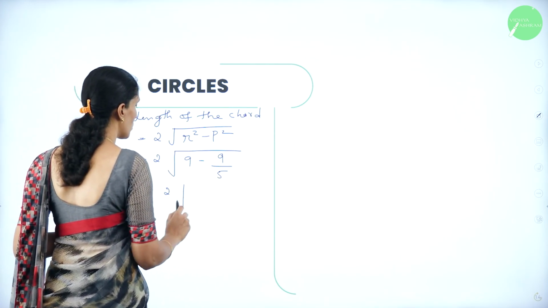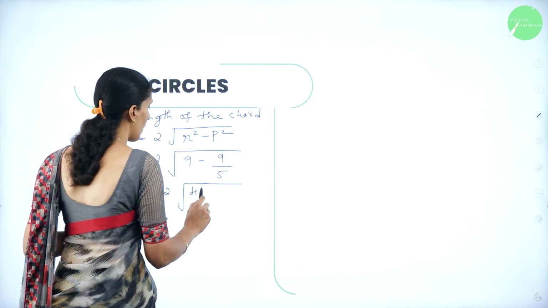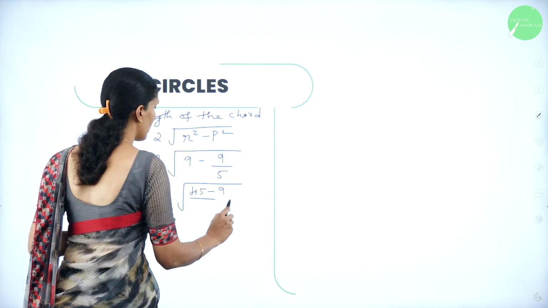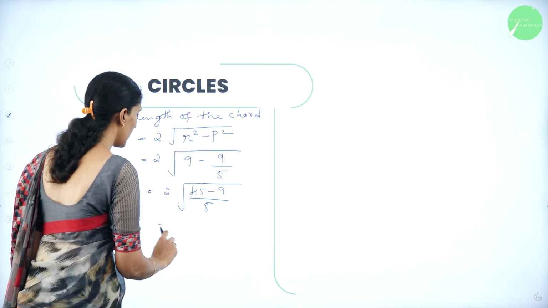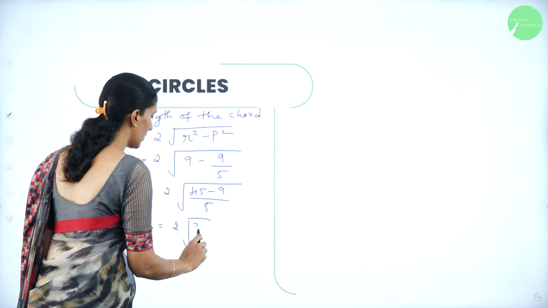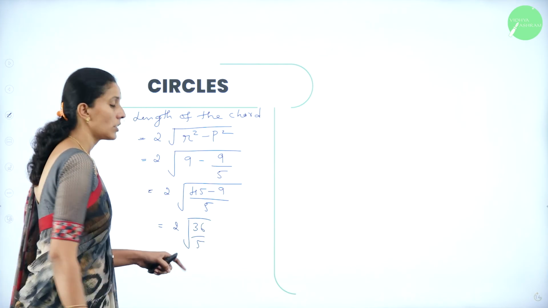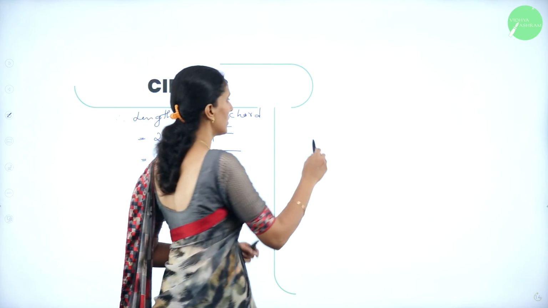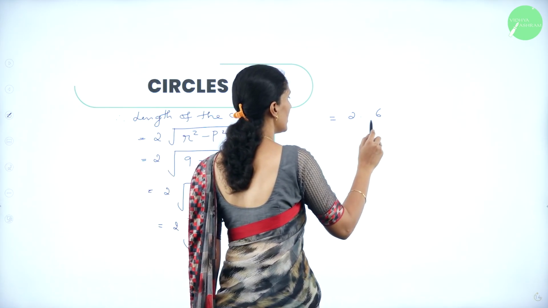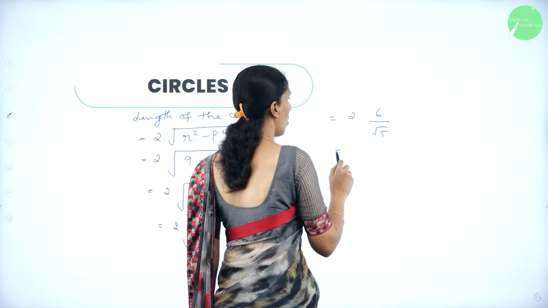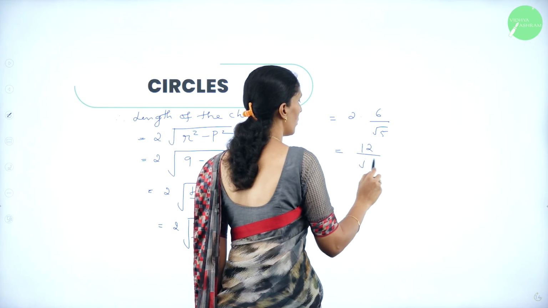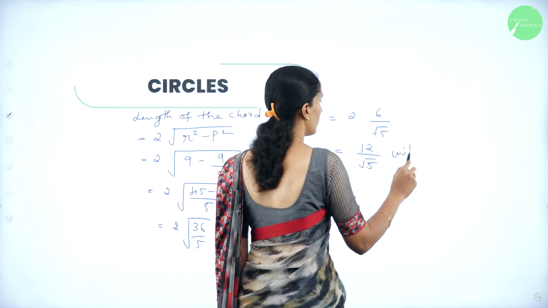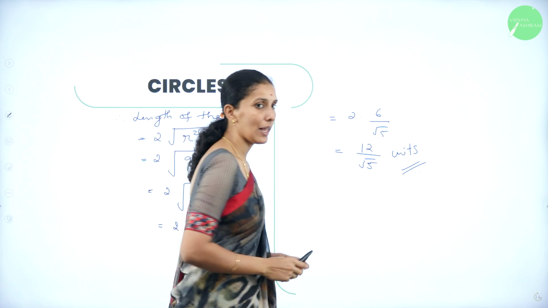So 2 square root of 9 minus 9 divided by 5. So this is equal to 2 into root 36 divided by 5. Square root of 36 is 6. So it is 2 into 6 divided by root 5 or 12 divided by root 5 in terms of units. So this will be the length of the chord.